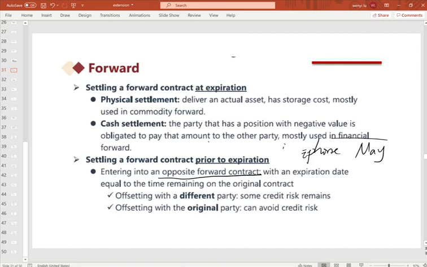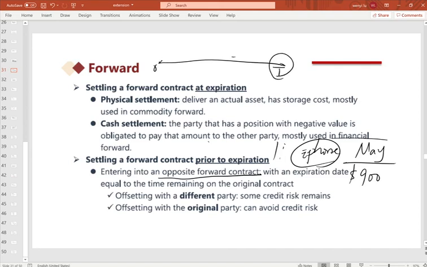So I sign a contract to buy the iPhone in May. The price I sign in the contract is $900 for one iPhone. So that's my forward contract, from 0 to T.